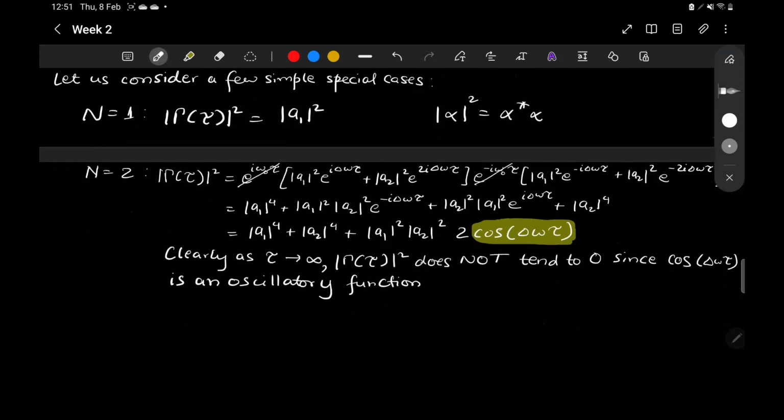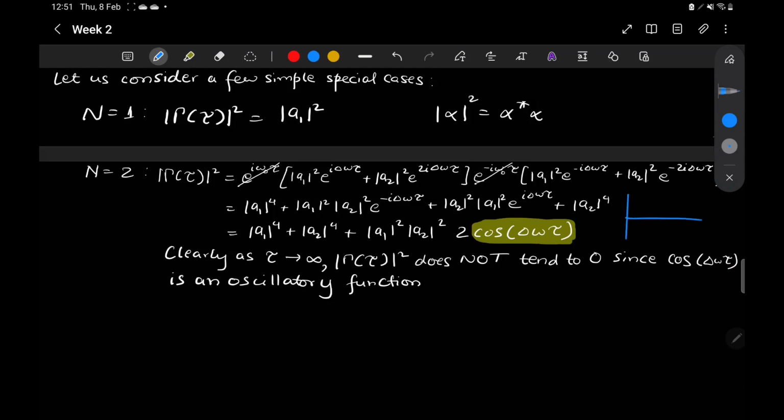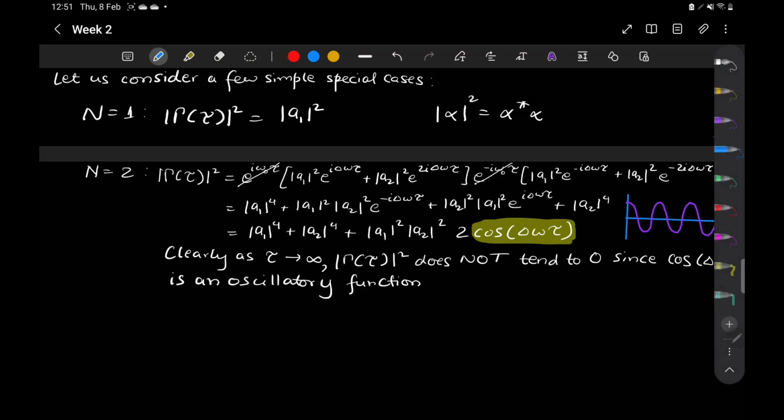What do I mean by oscillatory function? It means it keeps oscillating between plus 1 and minus 1. So if I draw the plot for a cosine function, it will keep oscillating between plus 1 and minus 1, no matter what your tau is.